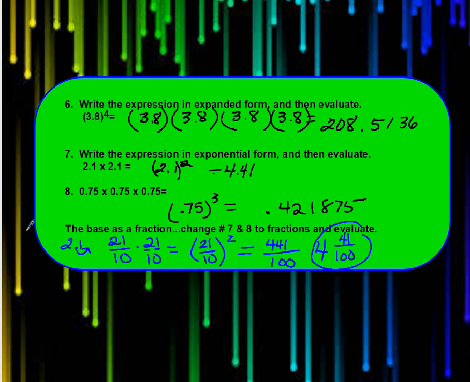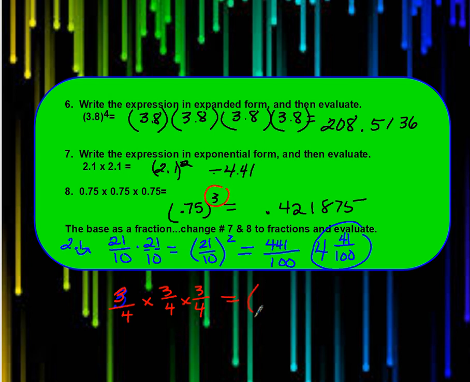And then for 8, we need to write 0.75 as a fraction. Well, think of money. 75 cents is what fraction? Yeah, 3/4. So we're going to have 3/4 times 3/4 times 3/4 because we have 3 of them.